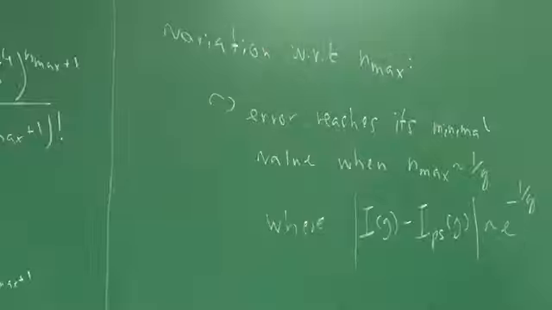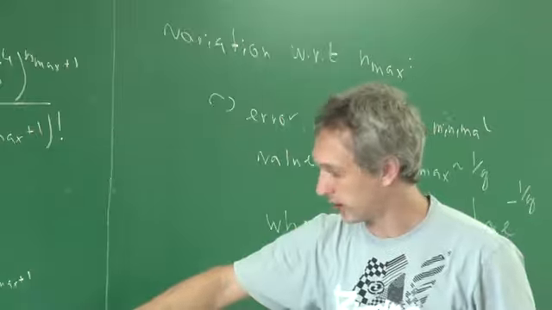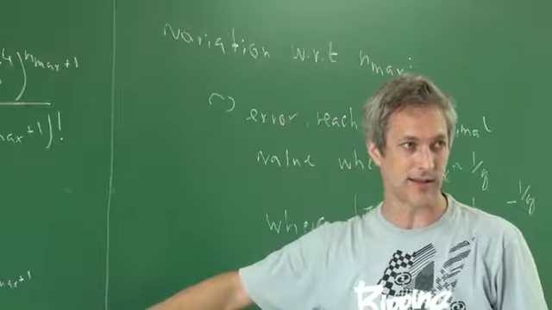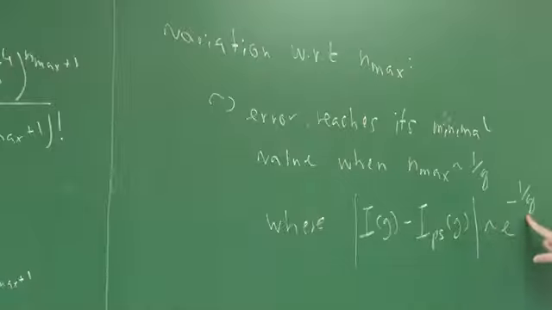This is very good news, because if g is a small number, this is a very, very good approximation. So going beyond a given order n max doesn't make any sense, our result gets worse. But if we stick to this maximum value, we are quite well approximating the original integral.